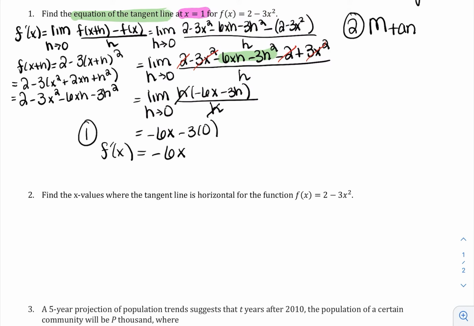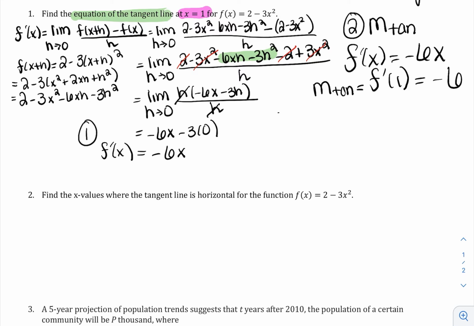Let's highlight it. Here it is. It gives you an x, and it will give you an x for these types of questions. So you have the formula for the instantaneous rate of change. How do you find it for your specific x? Well, you plug in x. So the slope of the tangent line will be f prime of 1, which will be negative 6.